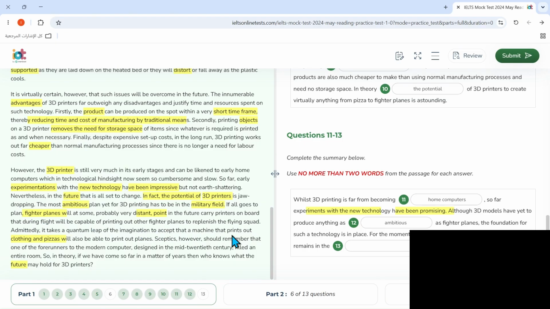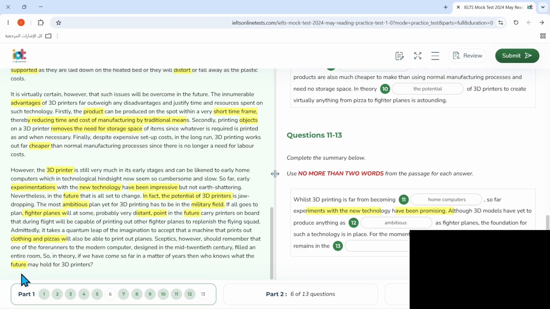It takes imagination to accept that a machine could be able to print out planes. Skeptics however should remember that one of the forerunners of the computer in the mid-20th century filled an entire room, and look how far we have come in a matter of years.